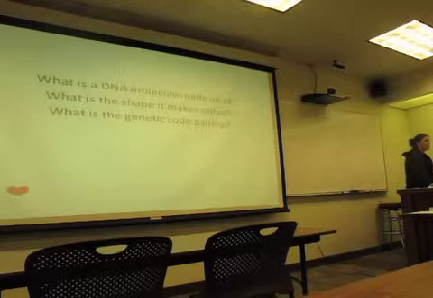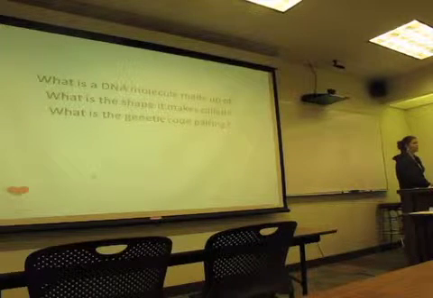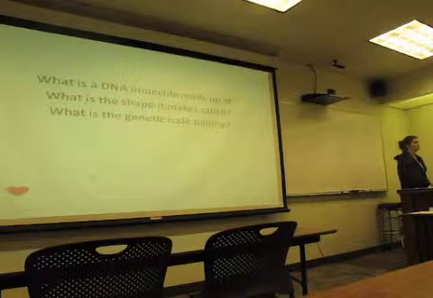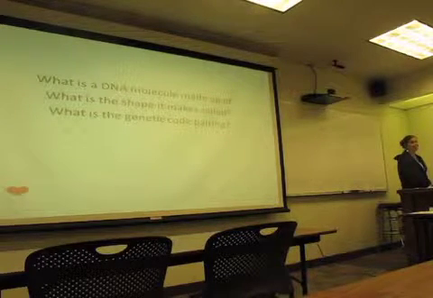What is a DNA molecule made up of? Good job. What is the shape of it called? Double helix. What is the genetic code pairing?